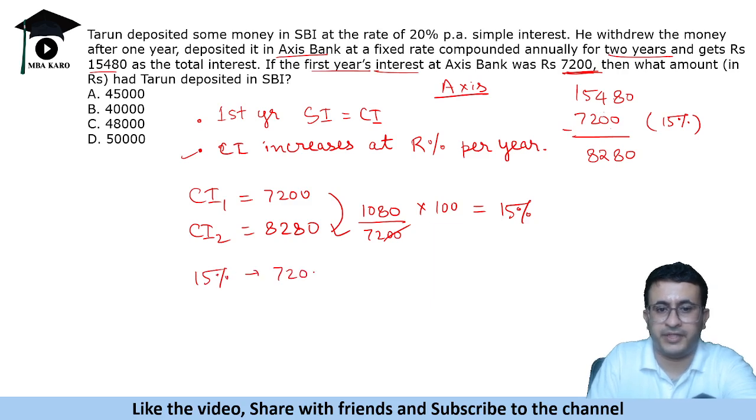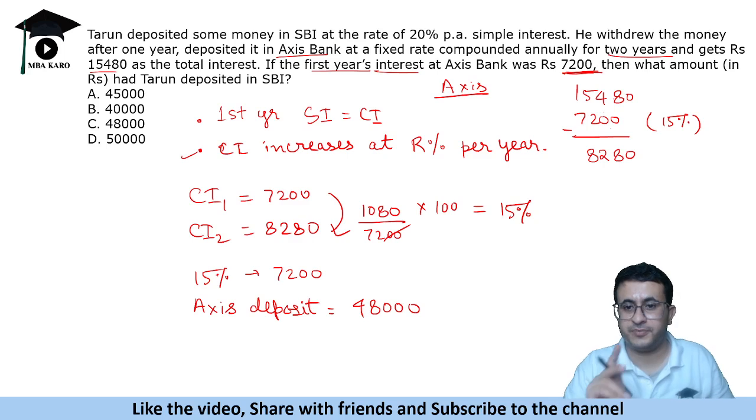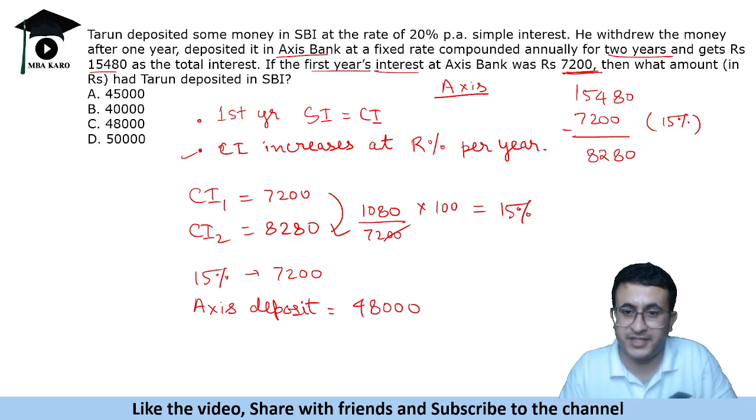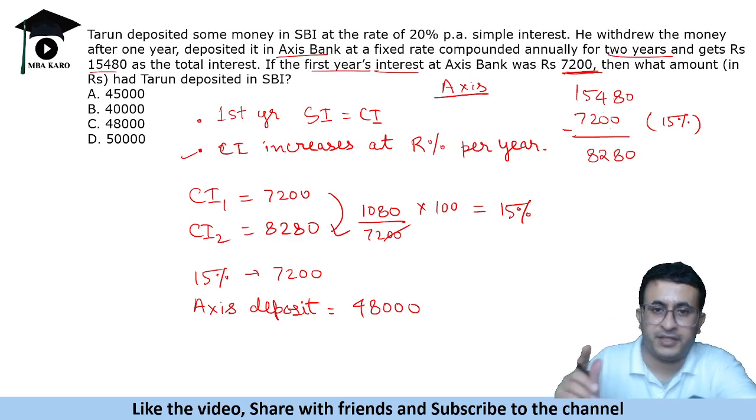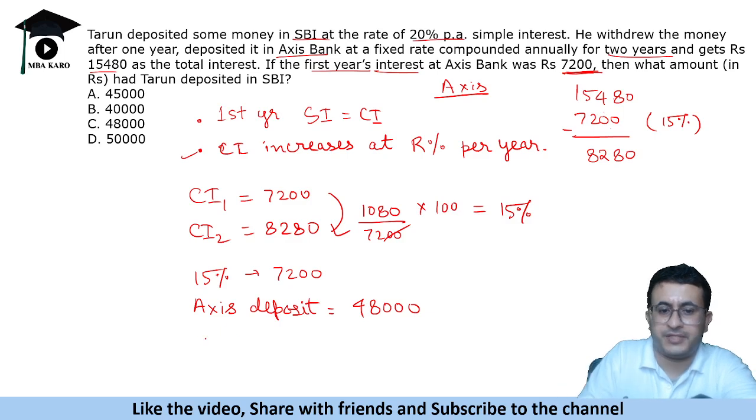So what did he deposit in Axis? 48,000. Axis में he deposited 48,000 because 15% of 48,000 is 7,200. Now before that he had deposited in SBI. SBI he got 20% per annum simple interest. So SBI में deposit कितना होगा? SBI deposit will be 40,000.